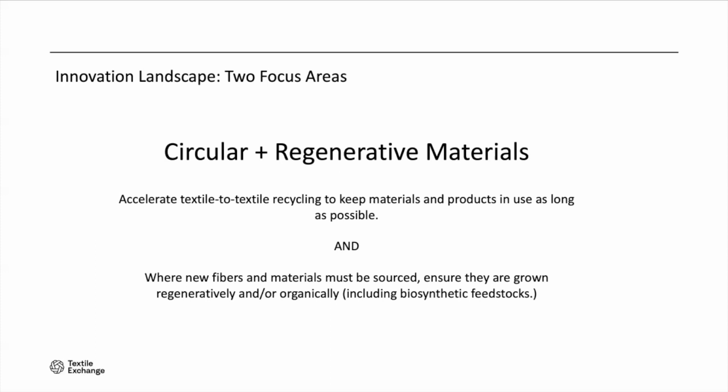So making bamboo into a textile can be very impactful. All that to say, our North Star is thinking about how we can ensure that as many materials as possible are kept in use as long as possible and recycled where possible. And then where we need to supplement, how do we make sure that new materials are being grown using regenerative practices?